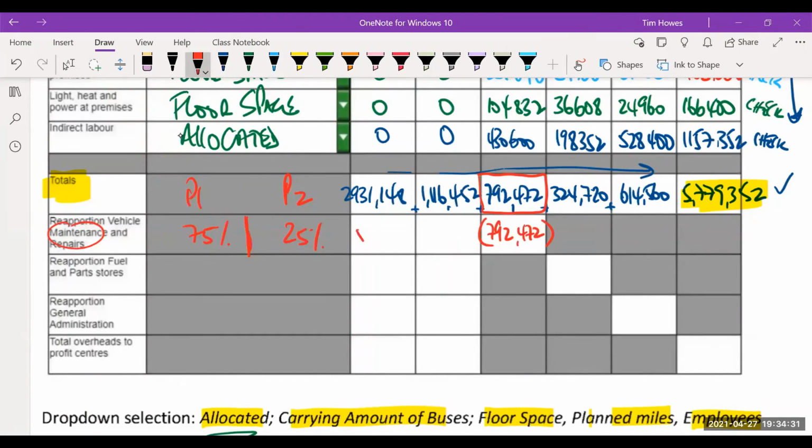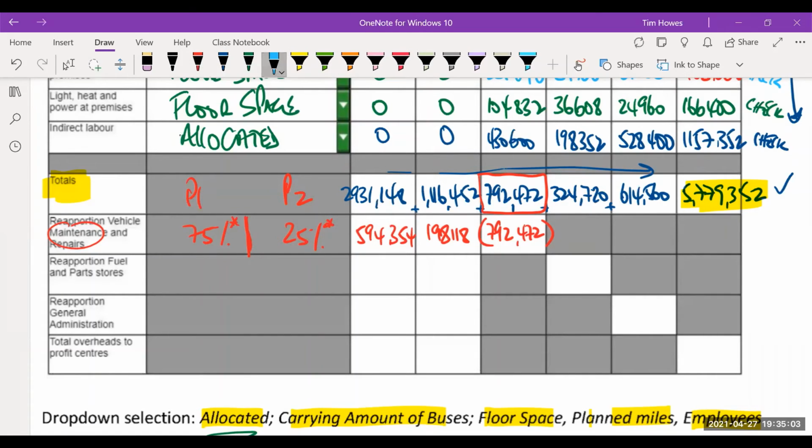I can see the figures going on the screen, so let me put them on. 594,354. I'll only put them on if I agree with them, of course. And 198,118. Indeed. Everyone okay that that is 75% of the 792,472 and 25% of the 792,472? I've not shown the workings for it, but it is effectively those percentages there.